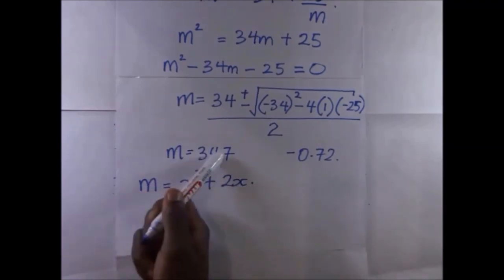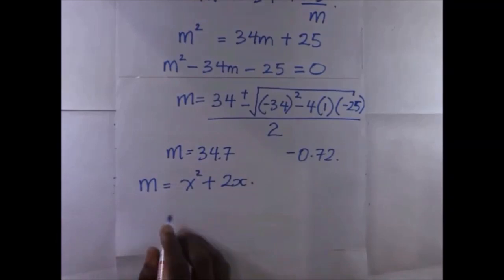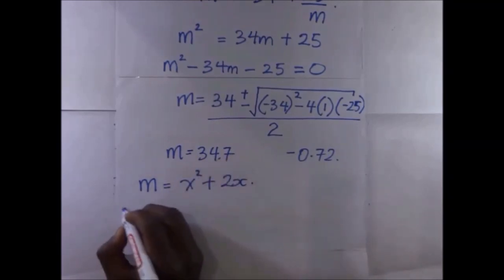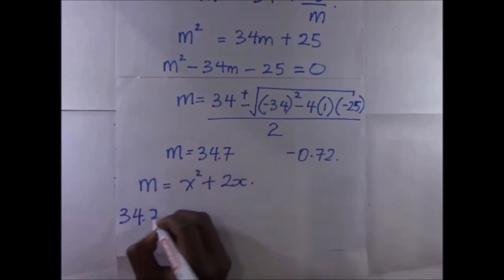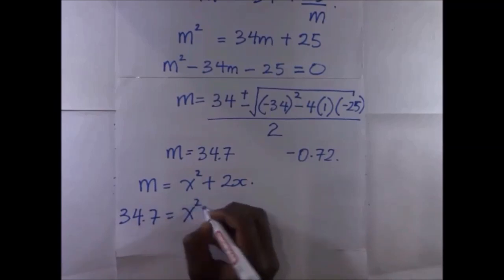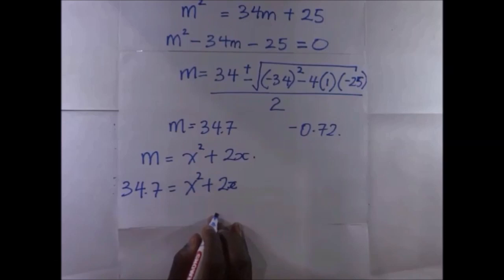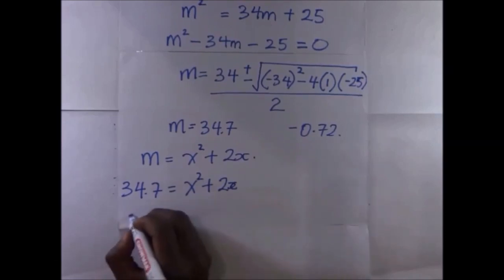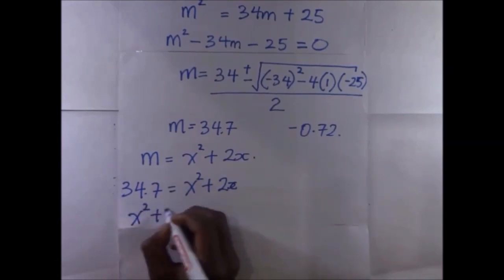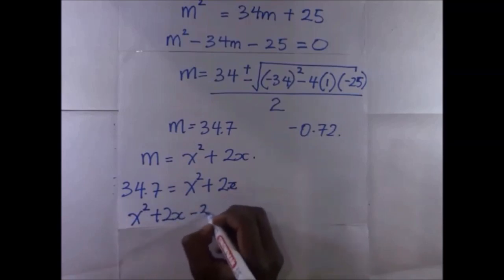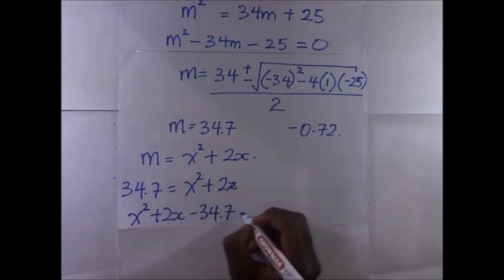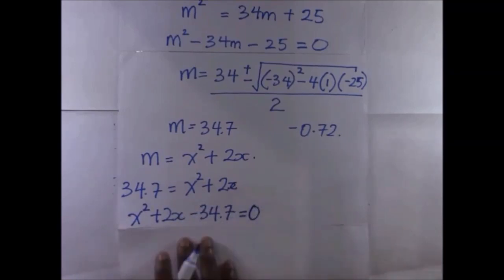Now what happens when m is 34.7? What are we going to get? So when m is 34.7, it means that 34.7 is going to be equal to x squared plus 2x. So we are going to end up here with a quadratic expression which is going to be x squared plus 2x minus 34.7. That is, if we rearrange it, is going to be equal to 0.